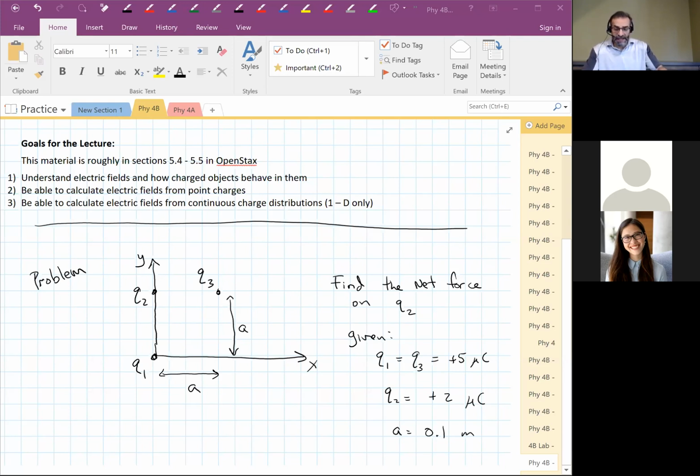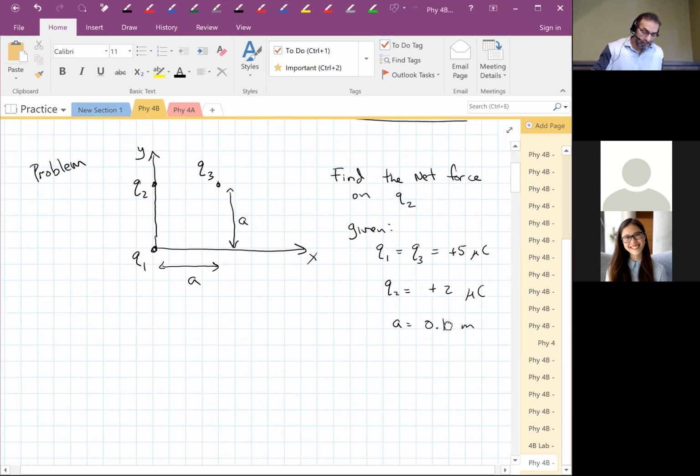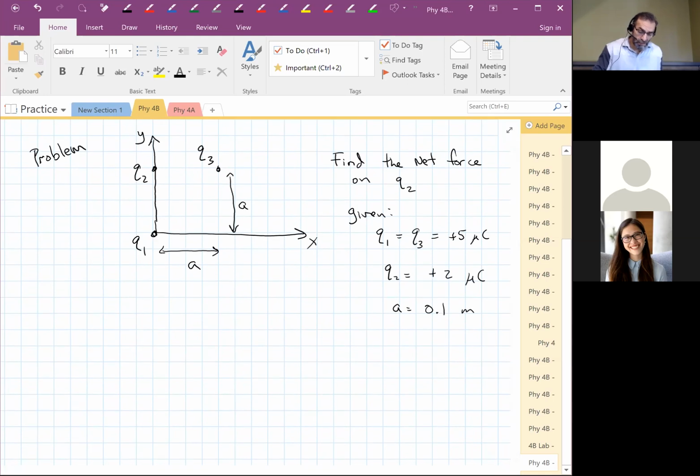So let's take this example. We've got 3 point charges on an XY coordinate grid, and we want to know what's the net force on Q2. Maybe I should give you a minute to think about this problem.